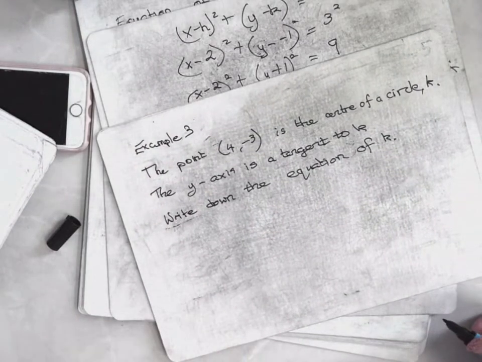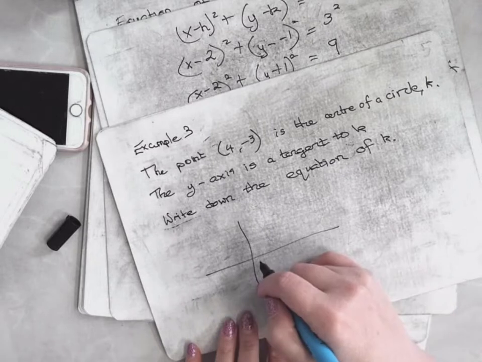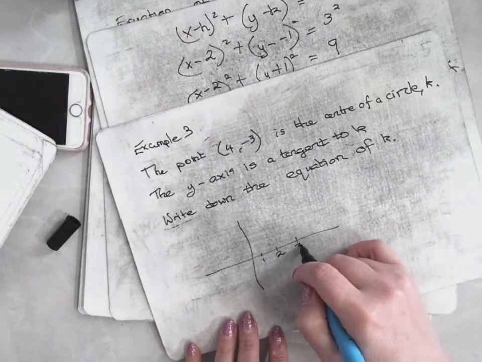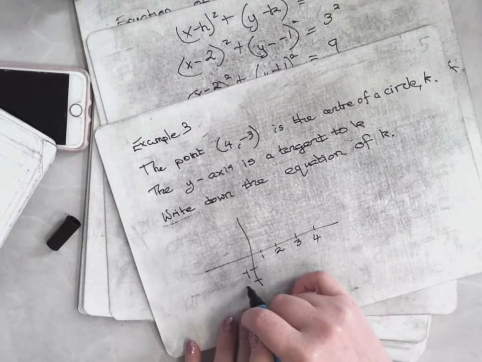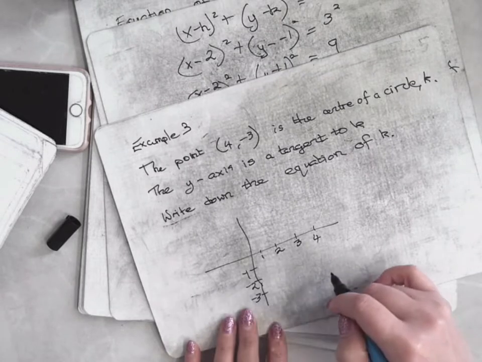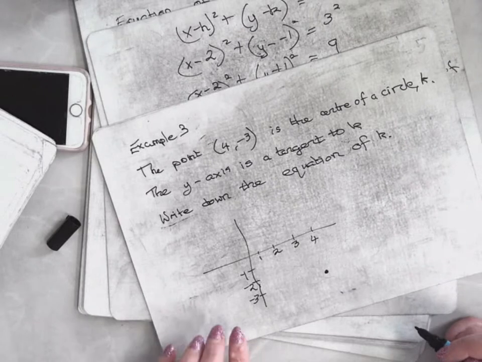A quick sketch will tell you where you're at. So I'm going 1, 2, 3, 4, down to minus 1, minus 2, minus 3. So (4, minus 3) is here. The y-axis is a tangent.